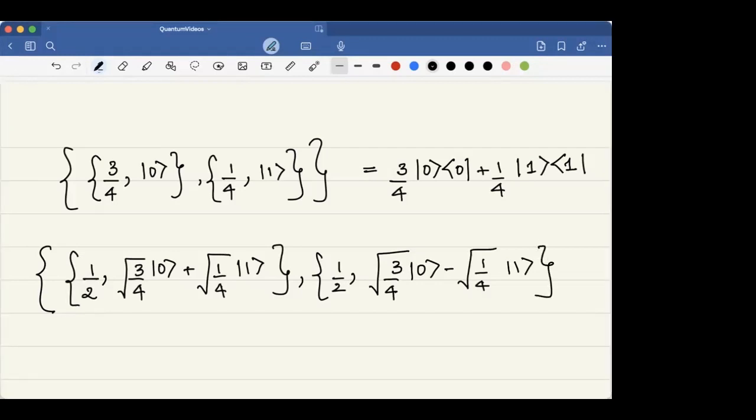If you compute the density matrix of this mixture, it will lead to the same density matrix. So what is the connection between these two?